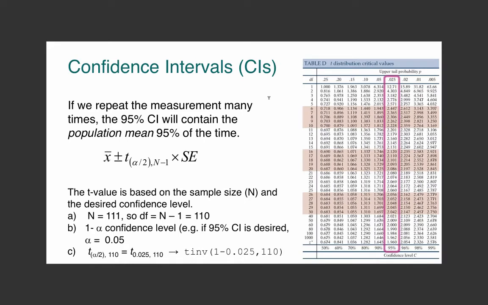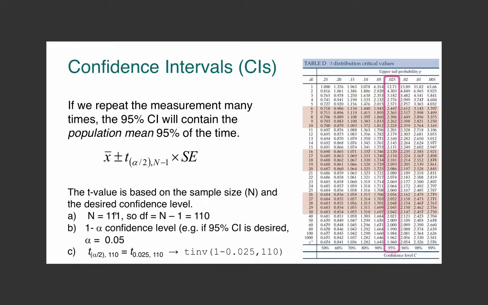The way we calculate our confidence intervals is that, say we're interested in the 95% confidence level, we're interested in the confidence interval of the population mean. So we have our sample mean plus or minus our t-value times the standard error associated with the sample mean. This t-value is based on the sample size and the desired confidence level.